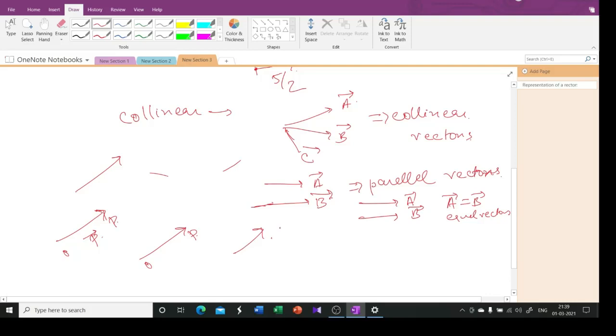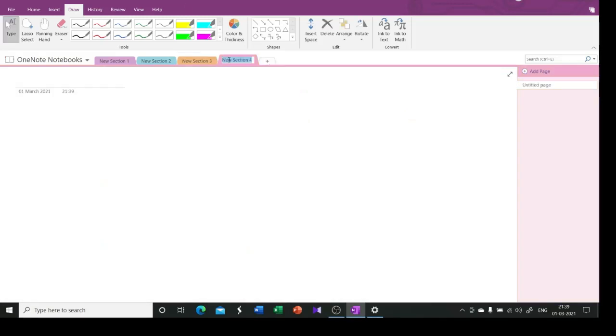You would say, what's the point of moving a vector? We would come to that when we need to find a resultant of vectors. Suppose we have a vector 5 Newton here, and a vector 3 Newton here. We can simply join them tail to tail and then find the resultant. So that's a very important property of vectors.